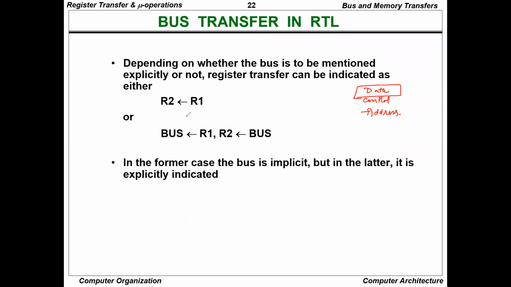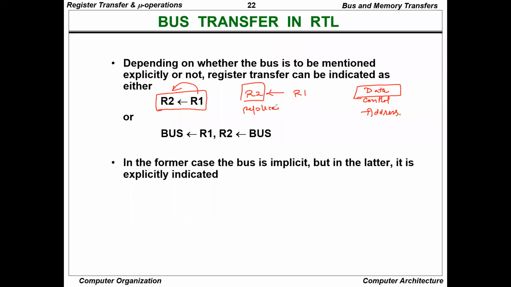Now if I look at this symbol, R2, and we are transferring the content from R1 into R2, that is enough. This is how we represent that we want to transfer the contents of R1 register into R2. So the contents of R2 will be replaced.